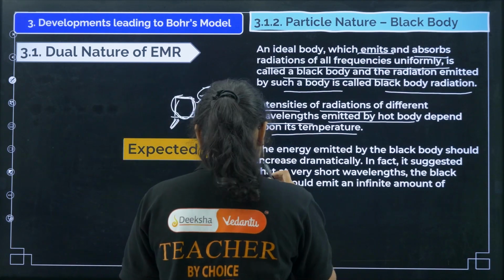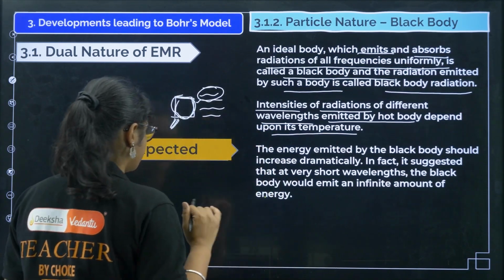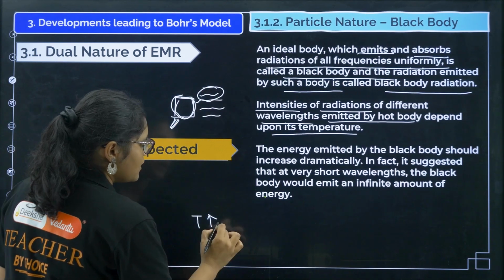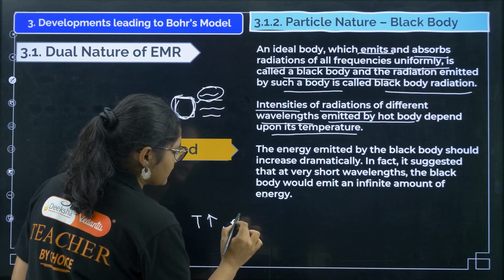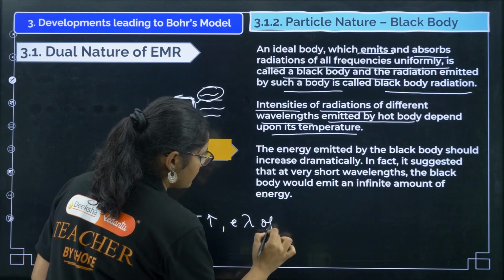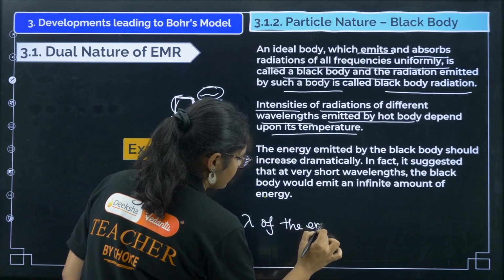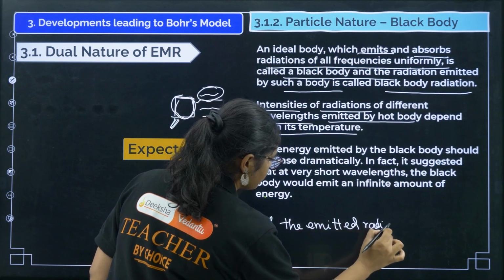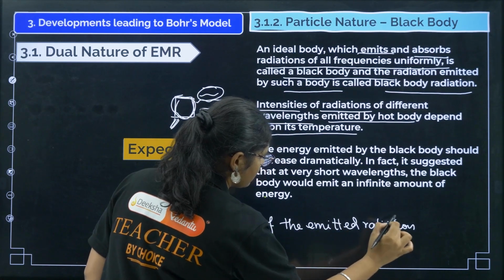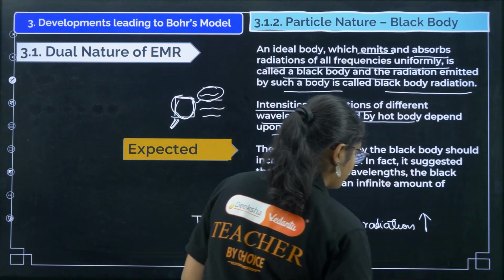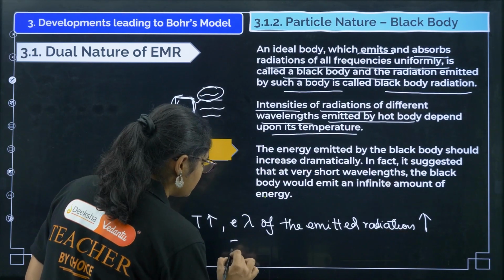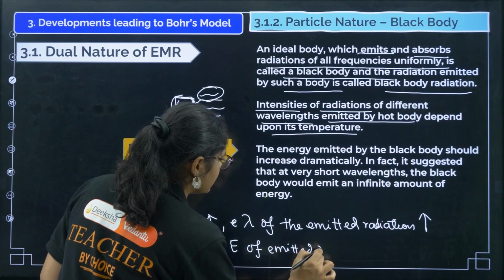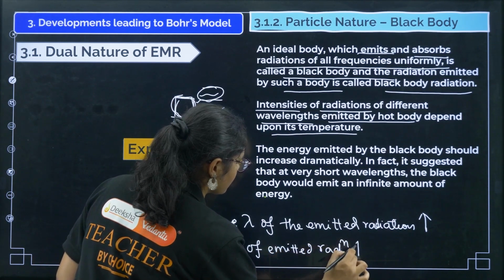Next, what should be the general observation here? If temperature increases, the wavelength of the emitted radiation increases, and we can consider that the energy of the emitted radiation should also increase, right?